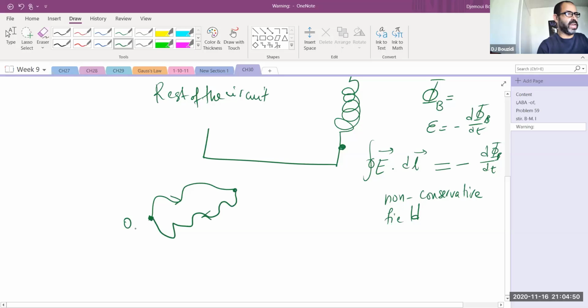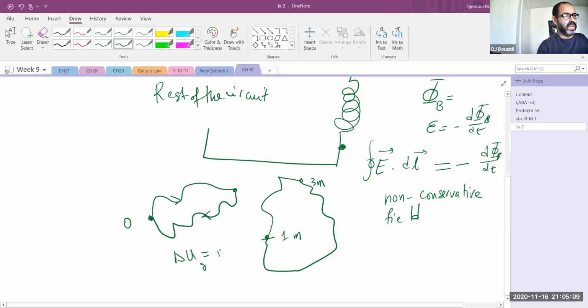For example, if I want to know the gravitational potential energy of going from 1 meter high up to 3 meters high and coming back to 1 meter high, it doesn't matter which path I take, the change in the gravitational energy is going to be mg times the final height, which is 1, minus mg times the initial height, which is 1.